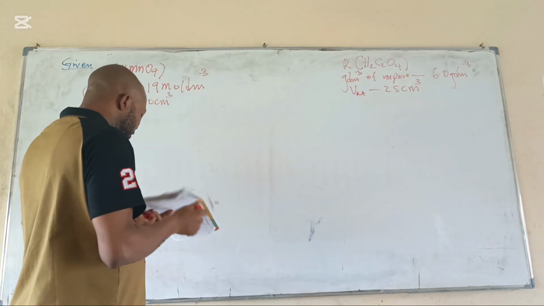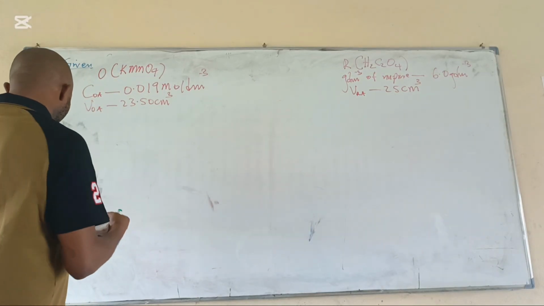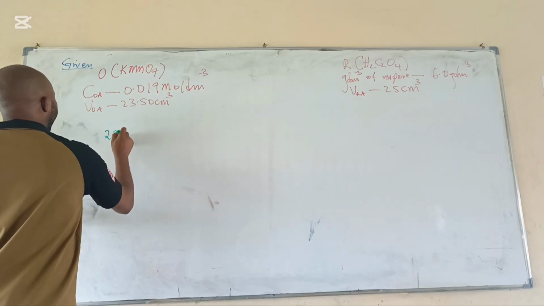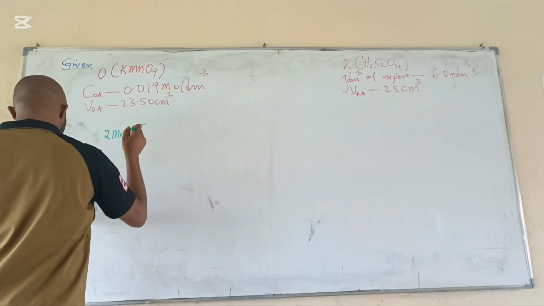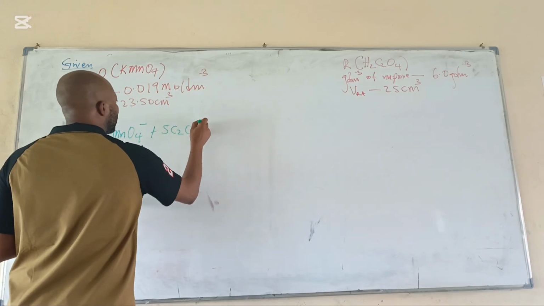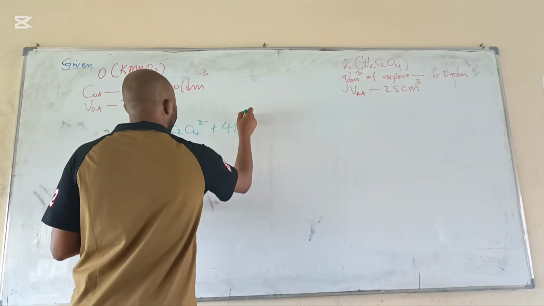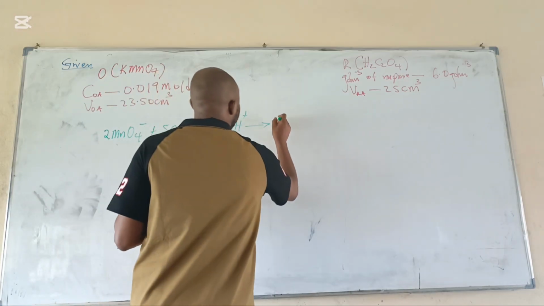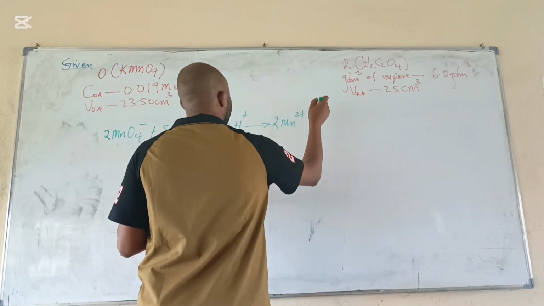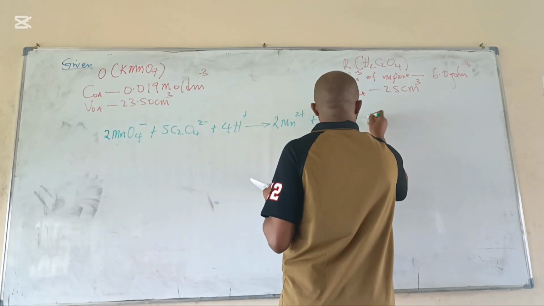The equation of reaction is given to be 2MnO4⁻ + 5C2O4²⁻ + 16H⁺ will give us 2Mn²⁺ + 10CO2 + 8H2O.